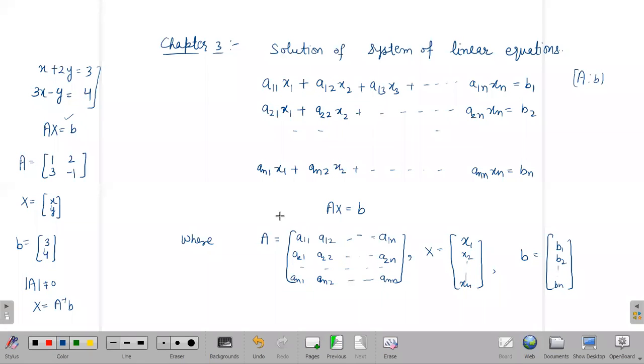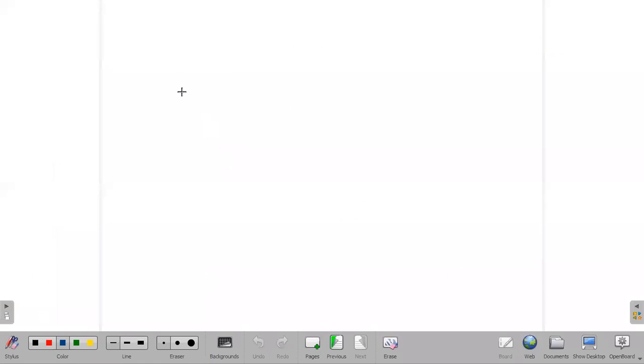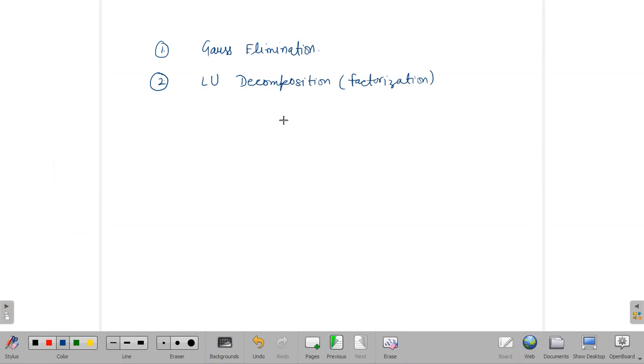So now there are two methods we will do in this chapter. First is Gauss elimination method, and second one is LU decomposition, or you can write it as LU factorization method.